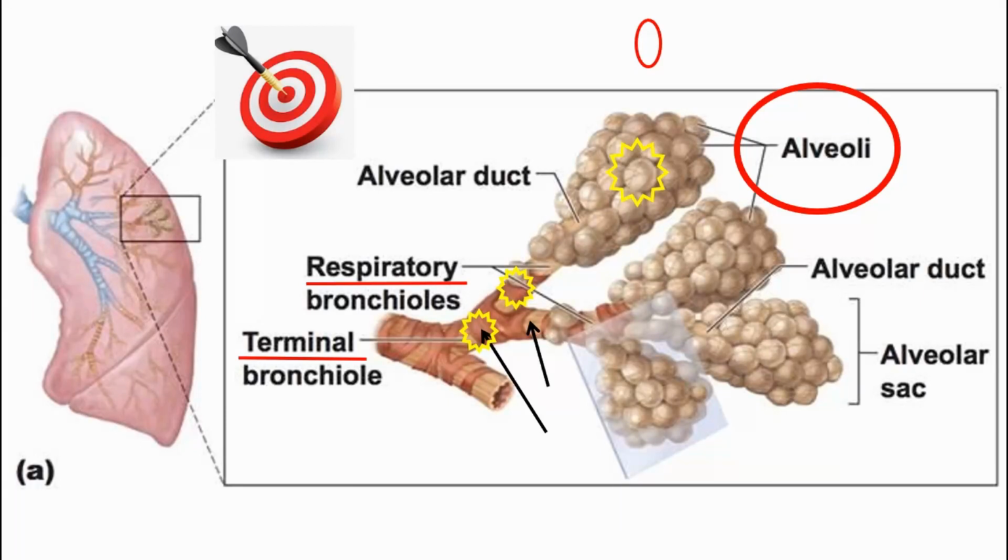This is the first alveolus that we can see. It is opening into a respiratory bronchiole.